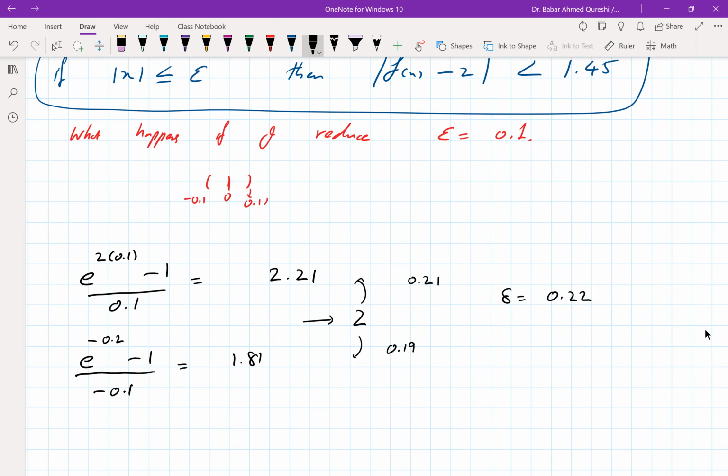And now you can see that the delta has shrunk. So this guy are now mapped to a smaller margin around it.